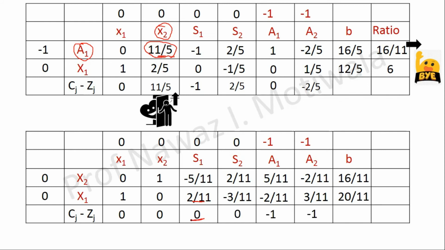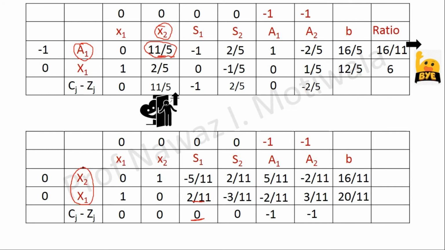So what are some good observations here. You can see that the value of Cj minus Zj for all the variables apart from the artificial variables is 0. Hence now we can say that we have completed our phase 1. Also, one point to observe is that we started with A1 and A2 and now we have ended up with X2 and X1.